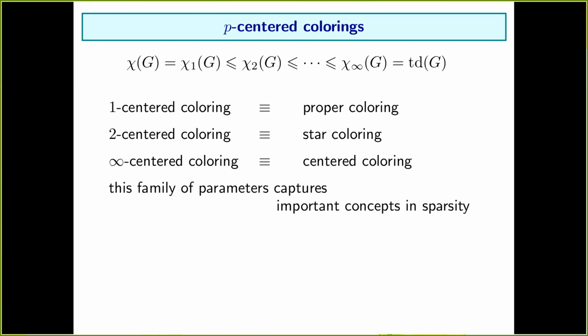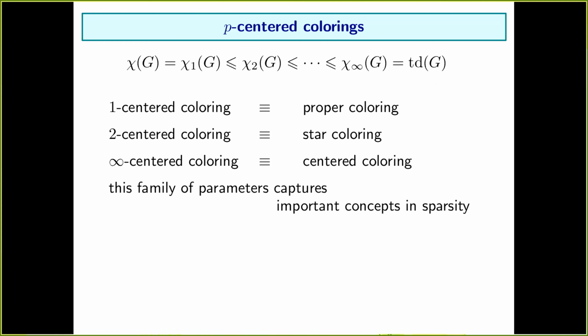So for example, a class of graphs has bounded expansion. I'm not going to tell you what it is here, but we could define it as: there is a function such that for every integer p and for every graph in the class, the p-centered chromatic number of the graph is bounded by a function of p only.